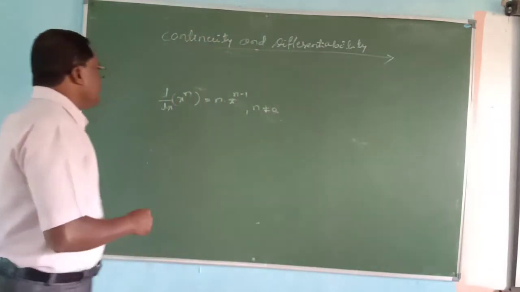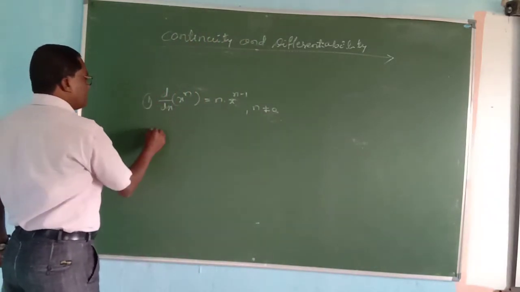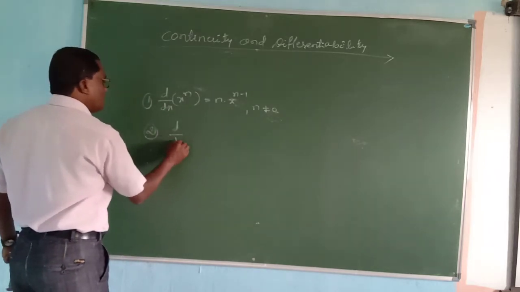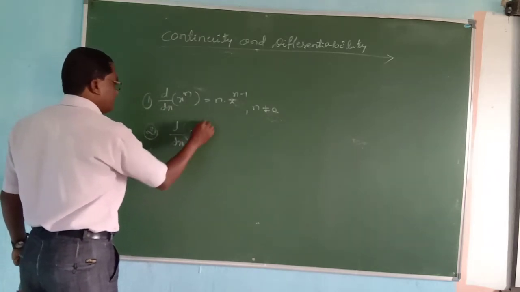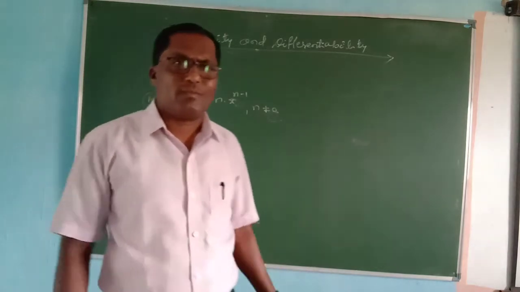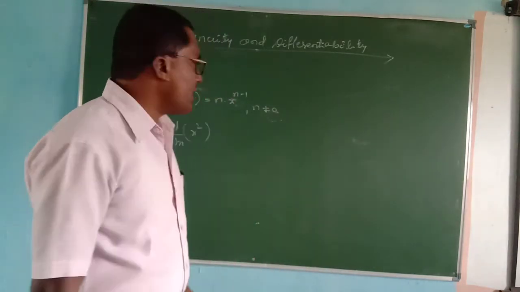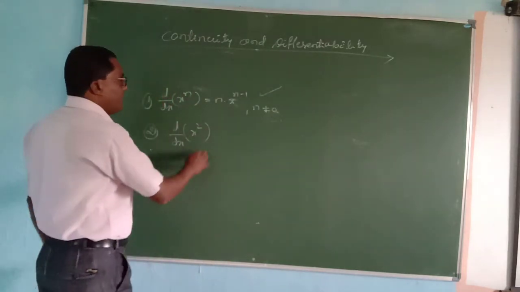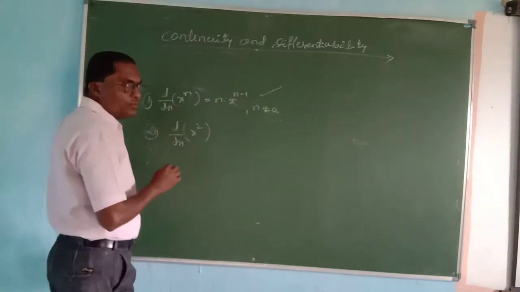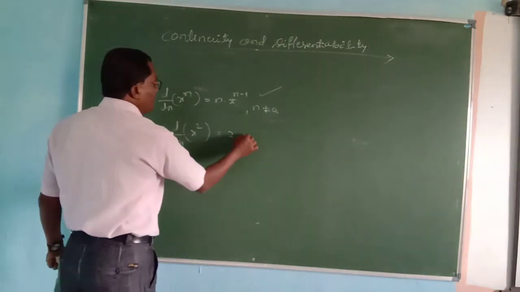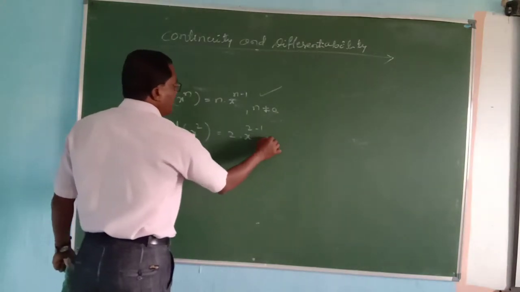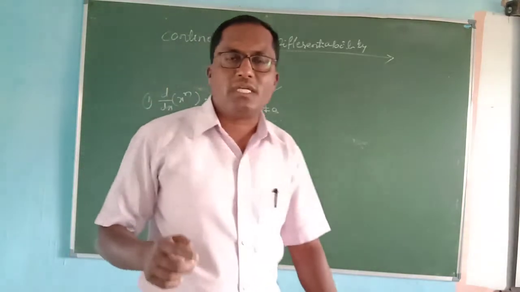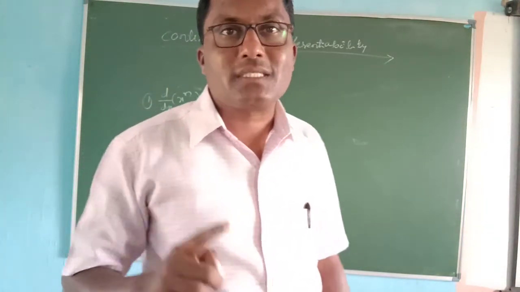Suppose I write the same thing. What is the differentiation of x square? Using this formula, where n is there, we substitute 2. It means 2 into x raised to 2 minus 1, that is 2 into x. It means the differentiation of x square is 2x.